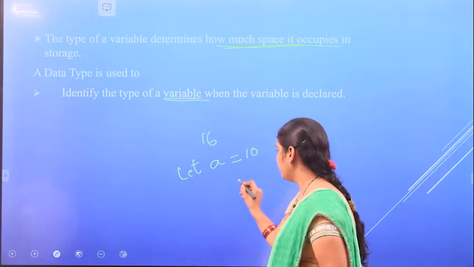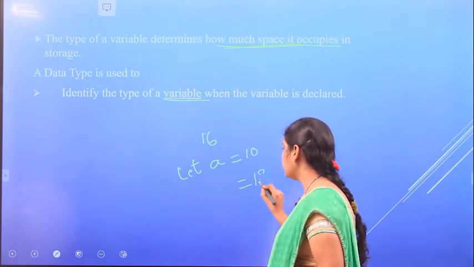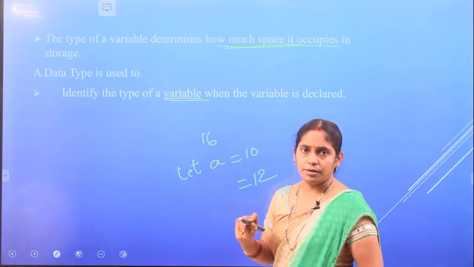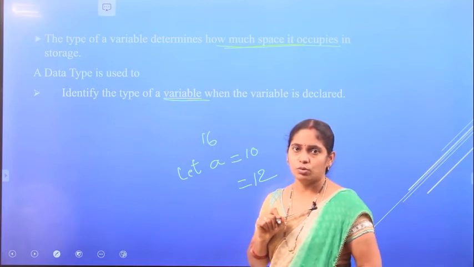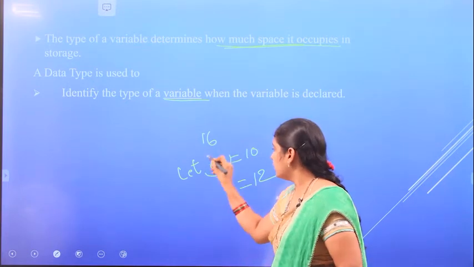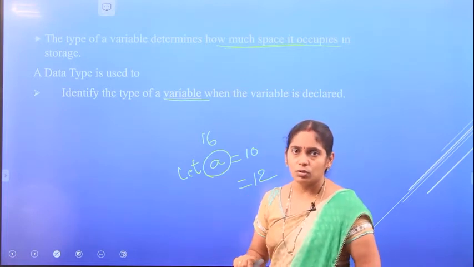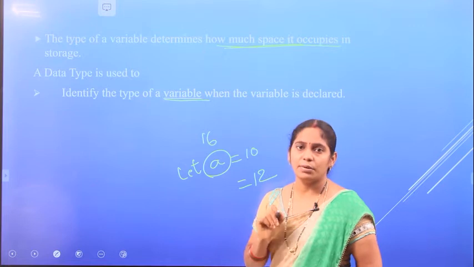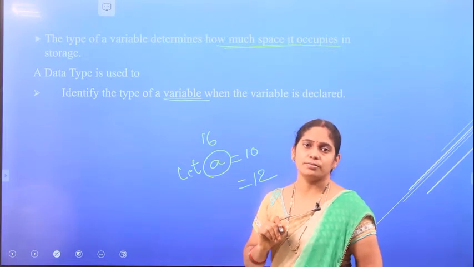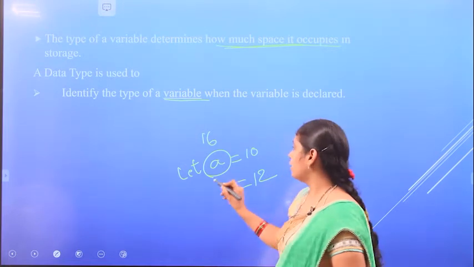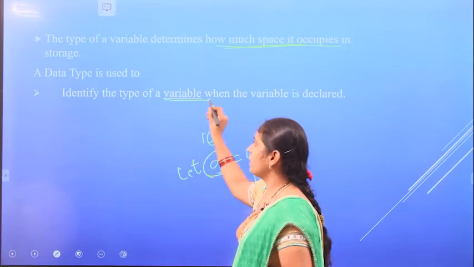After some time, I can take the value of a as 12, where I am changing the value. So the term which allows its value to change, that we call a variable.